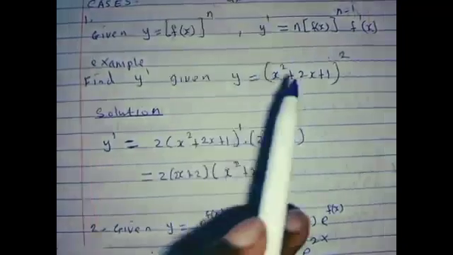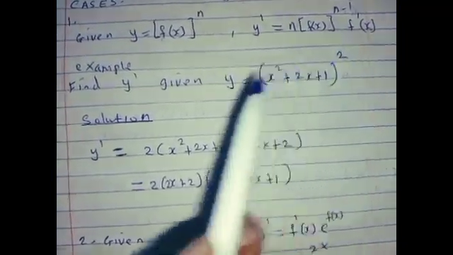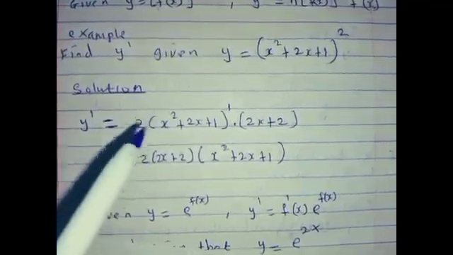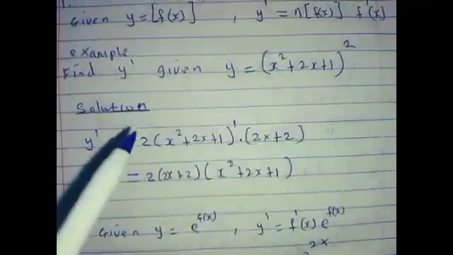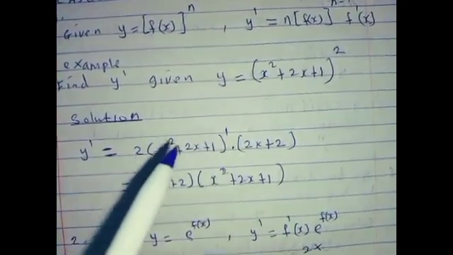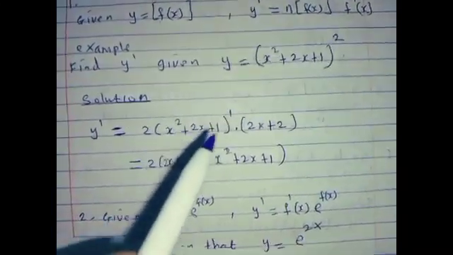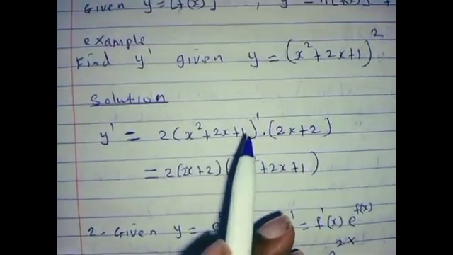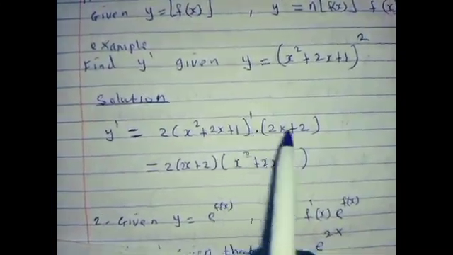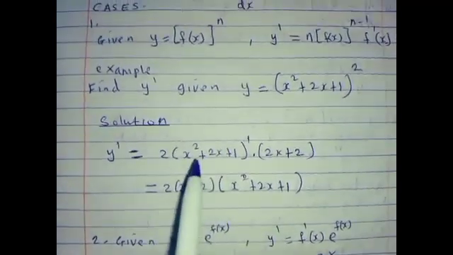Our index is 2, so we bring 2 in front. Then we keep whatever is in the bracket constant, that is x squared plus 2x plus 1, raised to 2 minus 1. Then we multiply by the inner function differentiated.